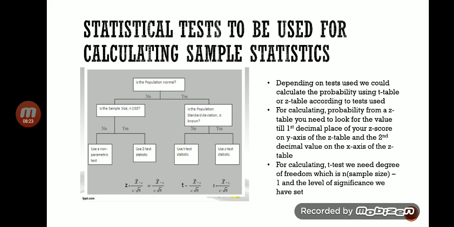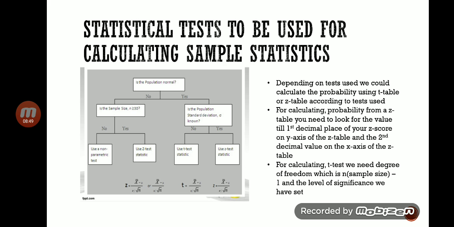If we don't know the standard deviation, then we'll use a t-test statistic. If we know the standard deviation, then we will use z-test statistic. And if the population is not normal and the sample size is greater than or equal to 30, we'll use z-test statistic. And if the sample size is not greater than or equal to 30, we'll use a non-parametric test.